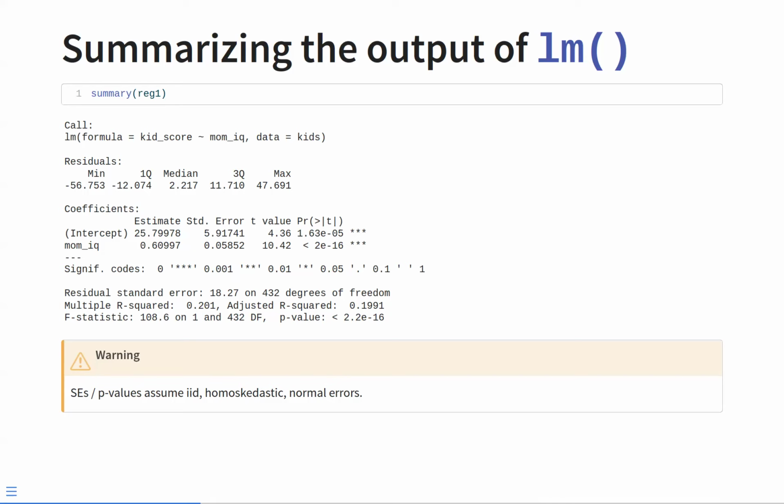One thing you just need to be aware of is that by default, when you run a linear regression in R, all the standard error calculations, and that would of course include the p-values, assume IID homoscedastic normal errors. Now, we may want to relax the homoscedasticity assumption. We're going to talk about that in a future lecture. The consequence of assuming normal errors is that the p-values are calculated using the t-distribution.